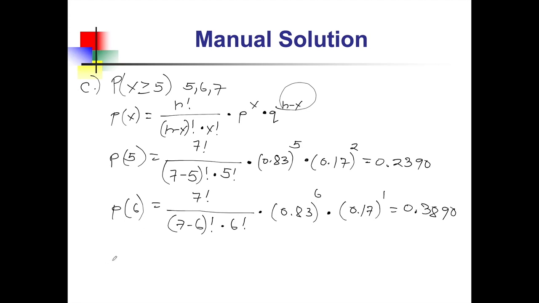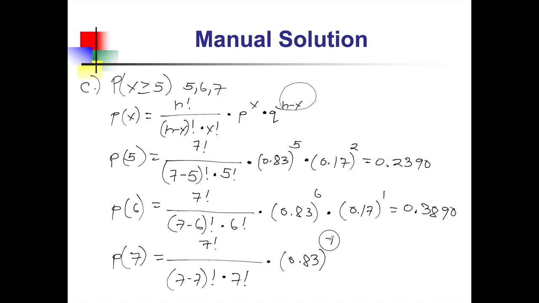Okay? So, for the last probability na exacto 7, parang sinasabi dito, lahat yan mag-a-agree kay Dole. Oo, silang lahat. Okay, so let's have 7 factorial. Then, 7 minus 7 factorial multiplied to 7 factorial multiplied to 0.83 raised to x, which is 7.